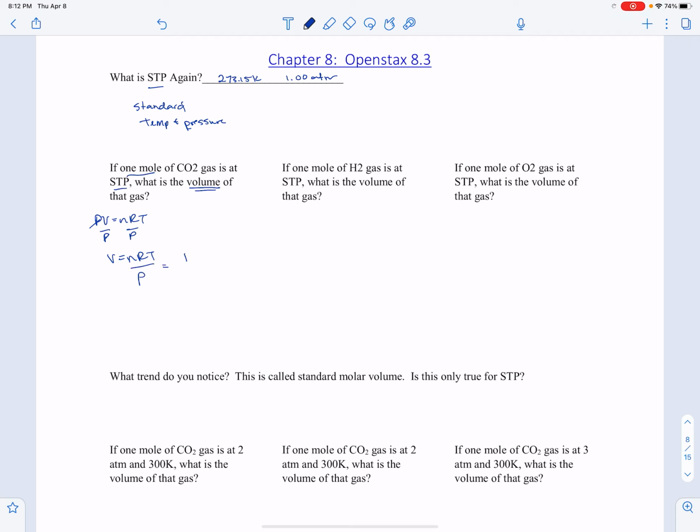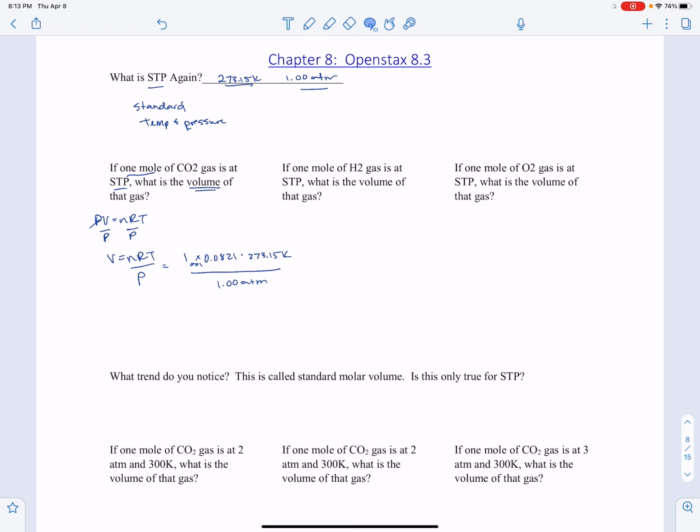One mole, 1 times 0.0821 times temperature. So it says STP, so our temperature is 273.15, that's Kelvin, divided by our pressure. So again, part of STP is pressure, 1.00 atm. Let me make sure that I put mole.